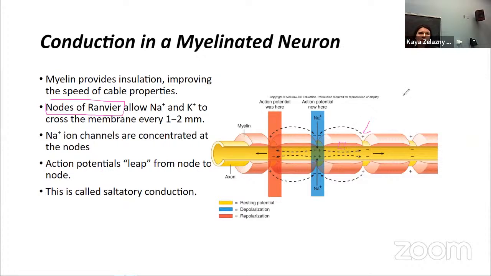So when we think about these nodes of Ranvier, we're thinking about the fact that we're triggering just these patches of membrane that are exposed in the nodes. So our sodium ion channels are going to be really concentrated here. So those voltage-gated sodium channels, you're going to see lots and lots of them in these little gaps, but not so much in these areas that are covered over by myelin anyway. There's kind of no point in having them there.